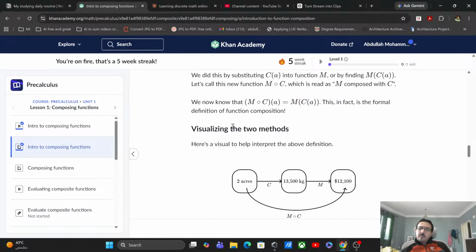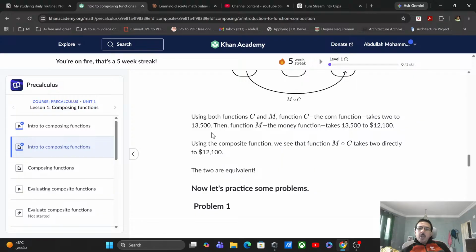Visualizing the two methods. Here's the visual to interpret the above two. Using both functions C and M, function C, the corn function, takes 2, then function M takes the result.